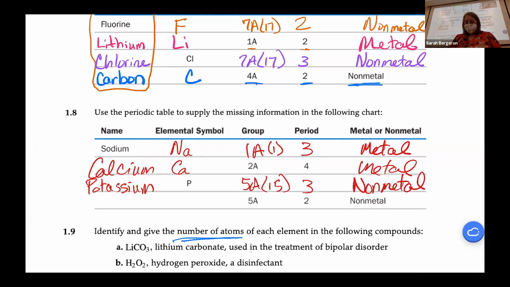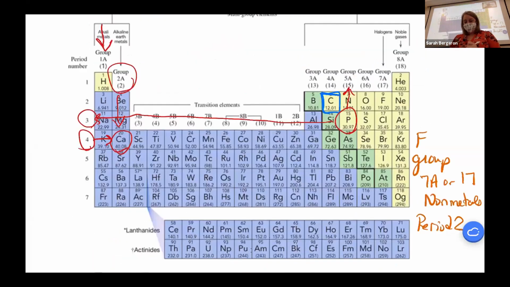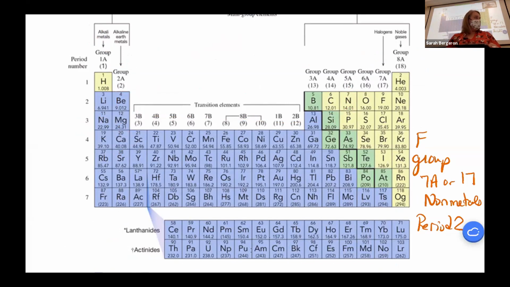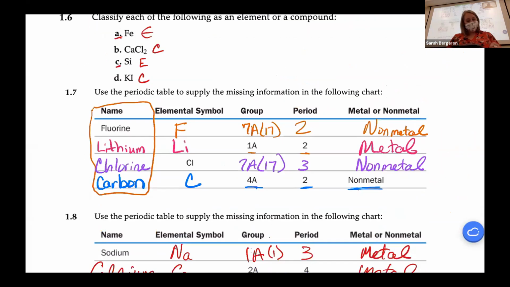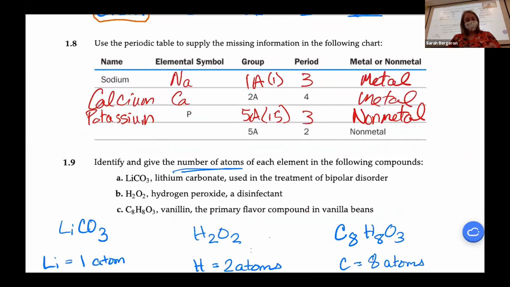Last one, group 5A, period 2. See if I can get rid of some of this. What did I say? Phosphorus, oh, I'm sorry. Phosphorus. Oh, thank you.